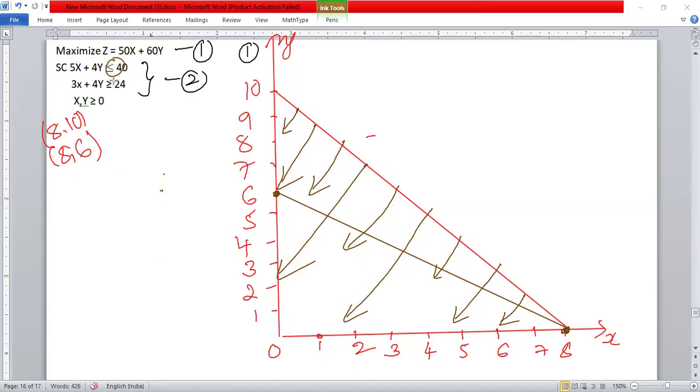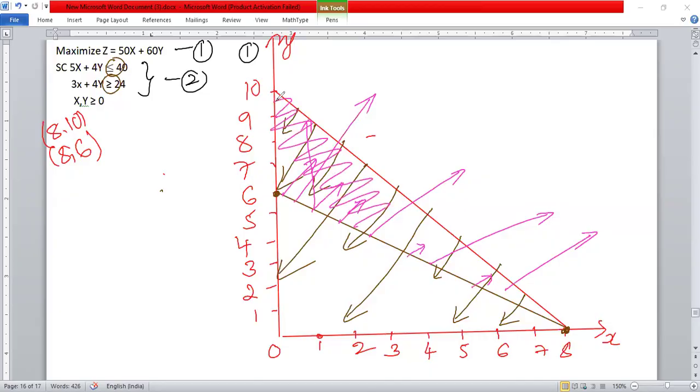That is greater than or equal to. Look at that, greater than or equal to. It means outside the origin. So look at that, both the colors coincide. So one area. So that is called feasible solution. So this area is called feasible solution.